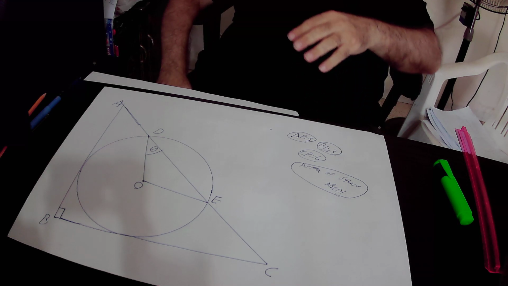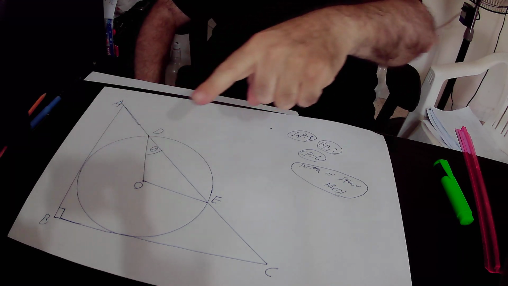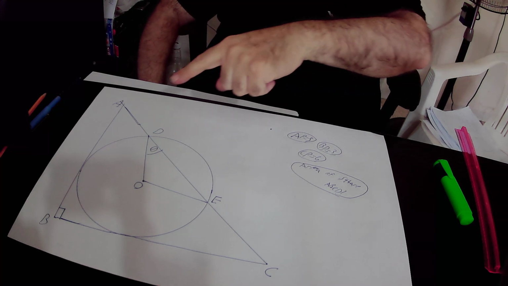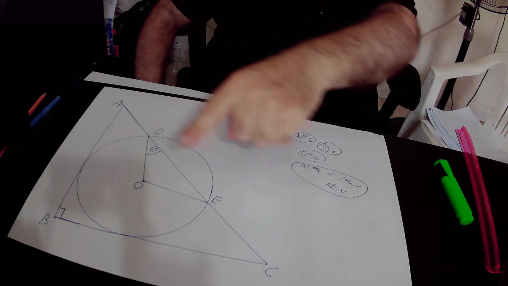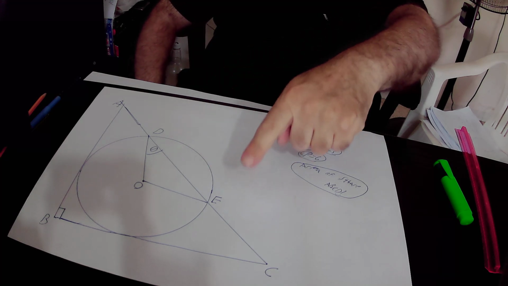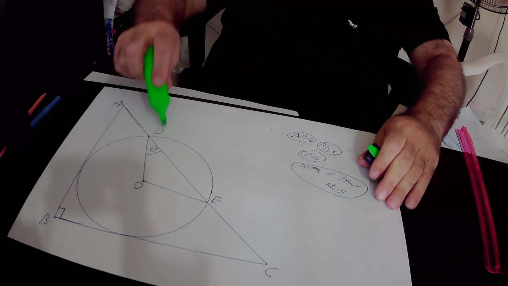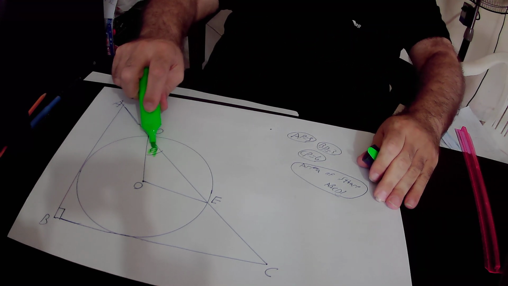So in the drawing, we have a right triangle, triangle ABC, angle ABC equals 90 degrees. Inside triangle ABC, we have a circle. Inside the circle, we have triangle DOE. And our mission is to find out the size of this angle, angle theta, that is in the triangle DOE.